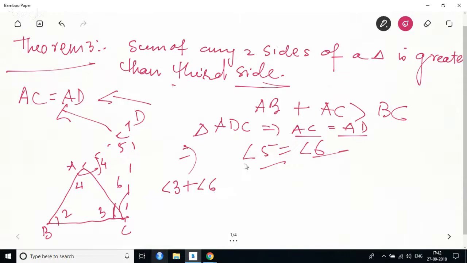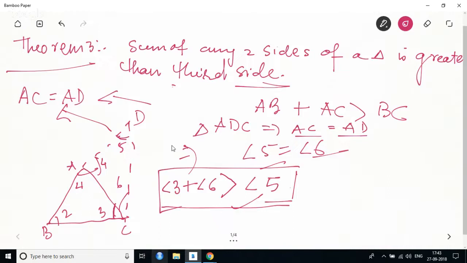Angle 3 plus 6 would be greater than angle 5. How do you say this? This is the only part of the proof where students struggle to understand properly, and they leave it here. How do you prove that angle 3 plus angle 6 is greater than this angle? Can anyone tell me? Write something.